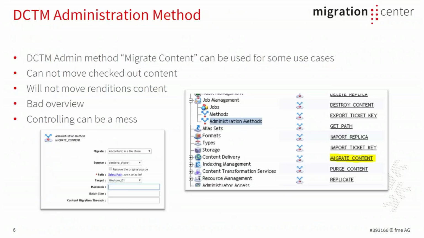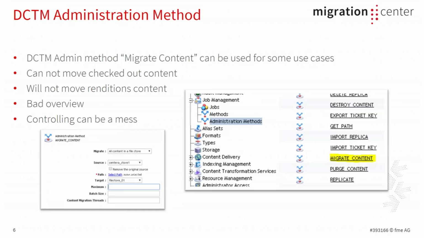First of all, the migrate administration method of Documentum. Documentum delivers tools where you have some administration methods, and you can use the migrate content method already to move only the content of objects from one store to another, right? So this is also usable and feasible.